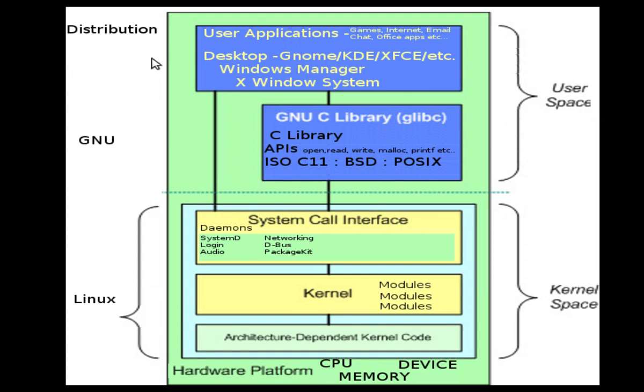Now, where the distributions will vary is in things like whether or not the repositories that this software is being pulled from is a stable repository, a testing repository, or unstable repository. The software that requests that software from those repositories will be different from distribution to distribution.